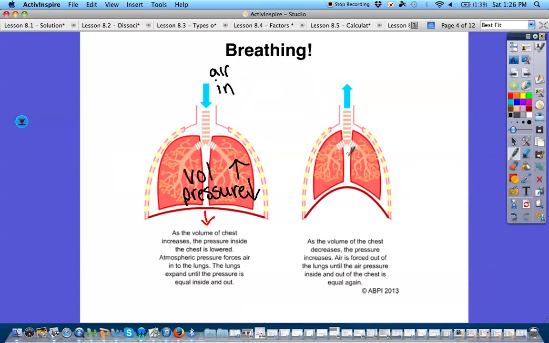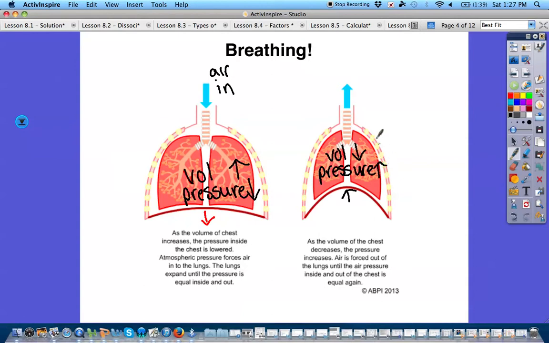When you exhale, your diaphragm muscle is going up, and so the volume of your lungs is going to decrease, which is going to increase the pressure of the gas in your lungs.